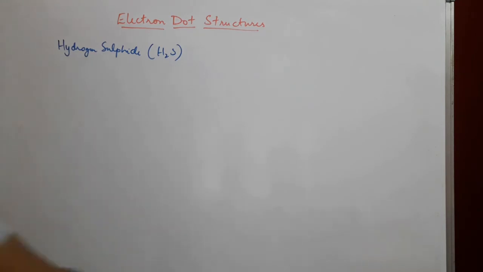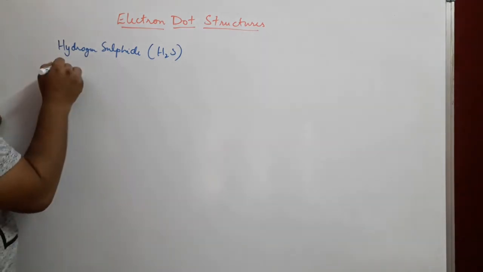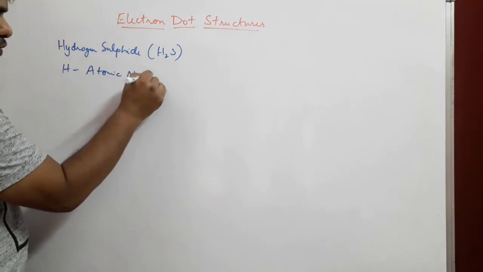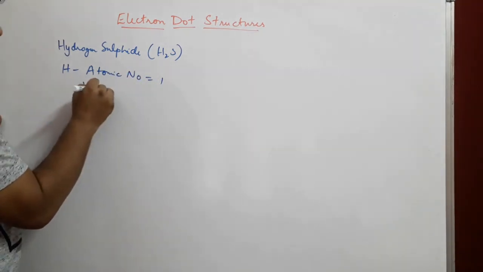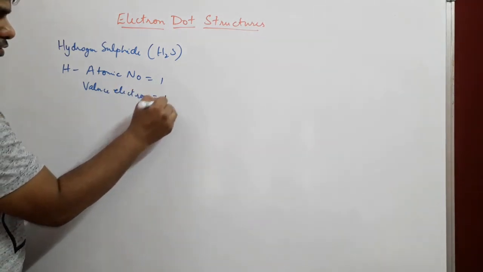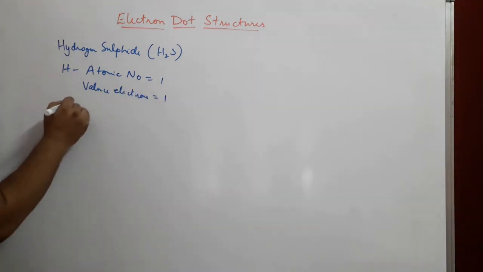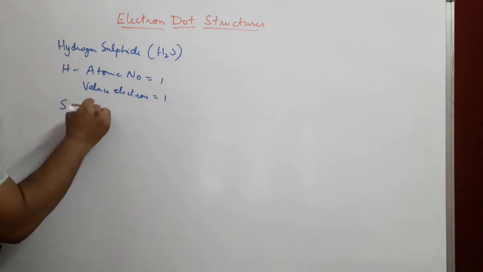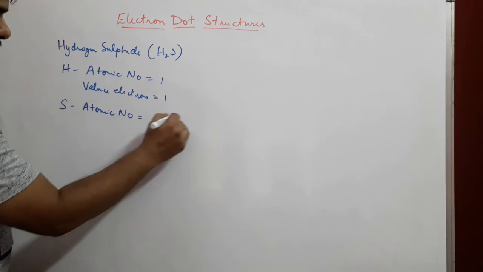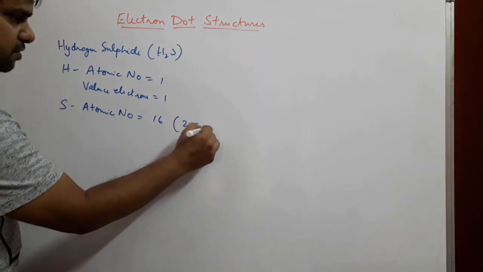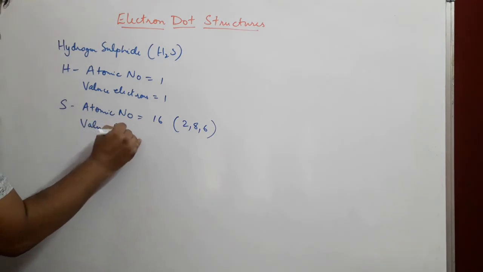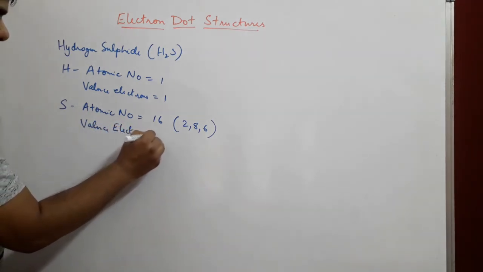So we write down the atomic number of hydrogen first. Hydrogen atomic number is 1, and valence electron would also be equal to 1. In case of sulfur, the atomic number is 16. We can write this as 2, 8, 6. That means the valence electrons in case of sulfur, there are 6 of them.